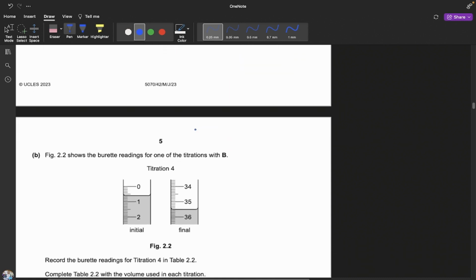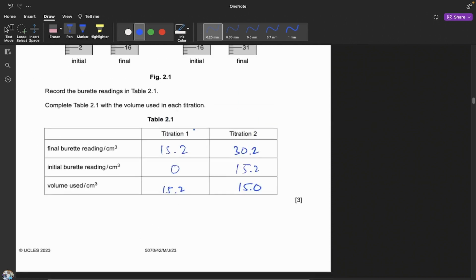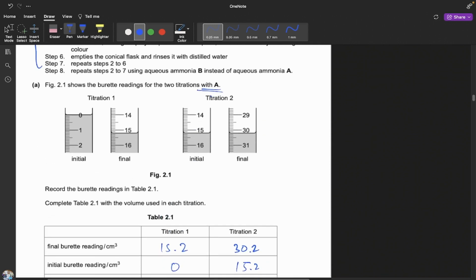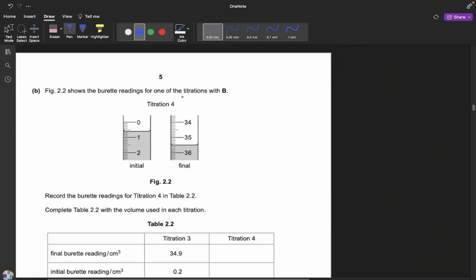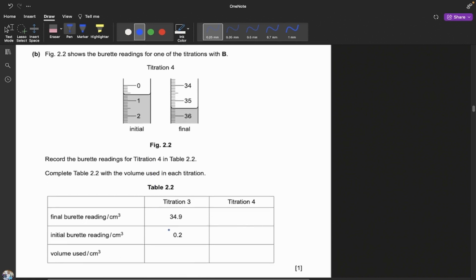Figure B shows the burette reading for one of the titrations with B. Okay, there are two solutions, one is A and the other is B. In B, there is a value already given. So this is titration 4.